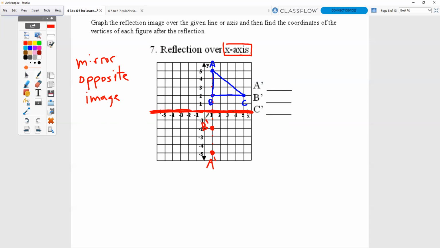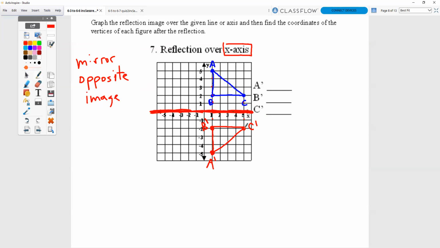This is B prime. C is 1, 2 places to it, 1, 2 places away from it. That is C prime. Notice that you have that flipped opposite mirror image. Same size, same shape. It's just a flipped opposite mirror image. We could fold it.